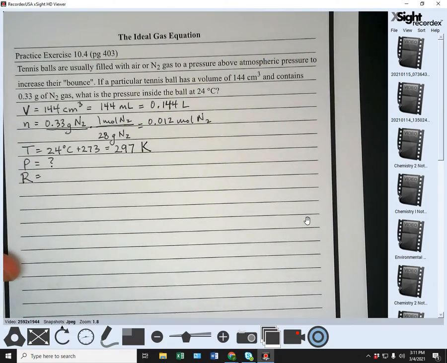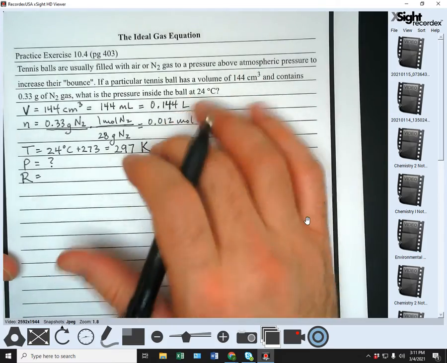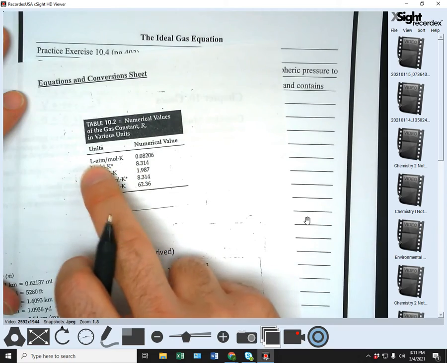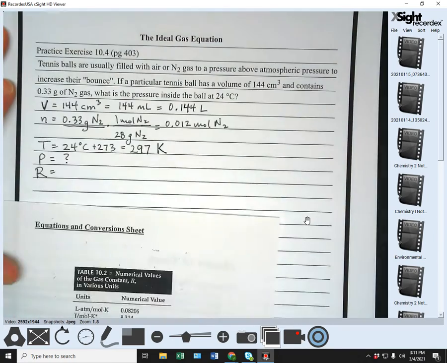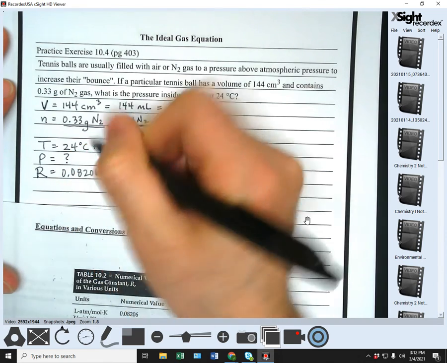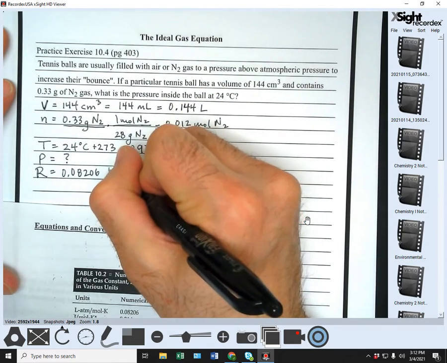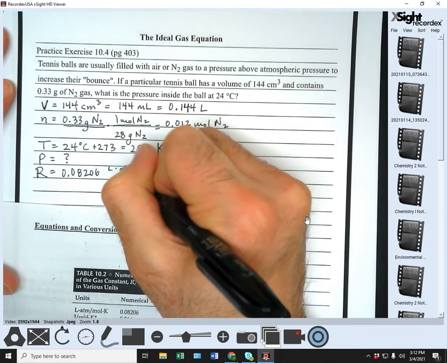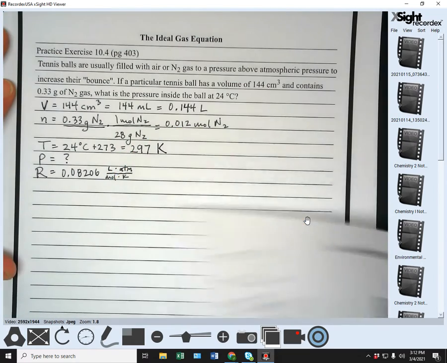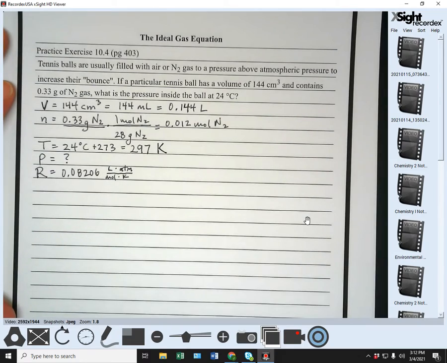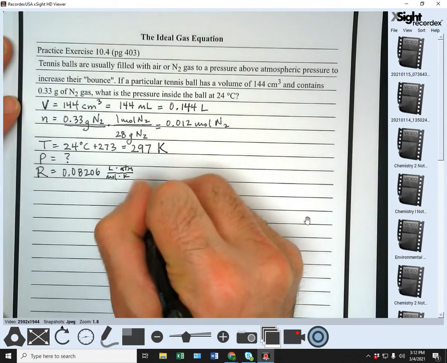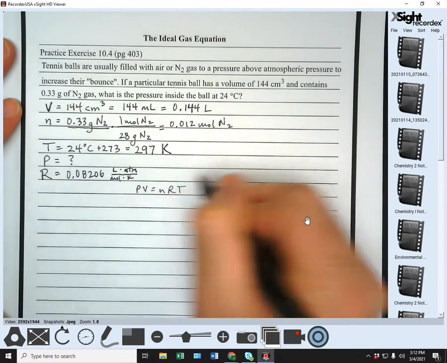Okay. So if we have liters, K, and moles, we can use the first one here with the liters atmospheres, 0.08206 liters atmospheres over moles K. Now we're just going to plug those into PV = nRT.